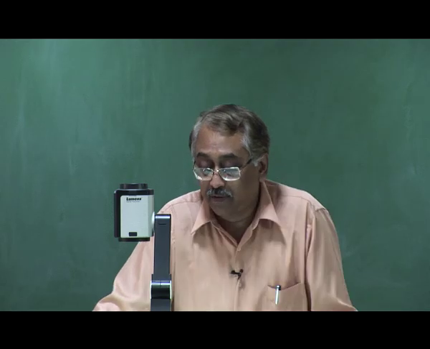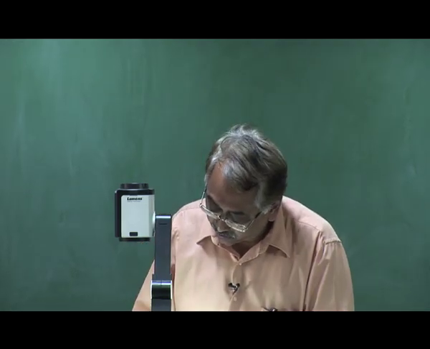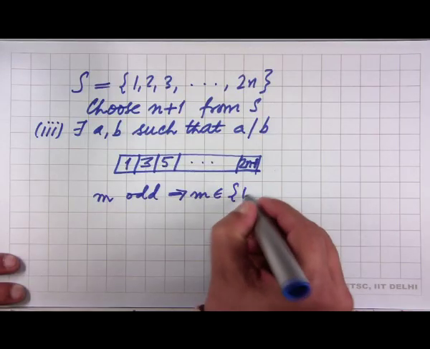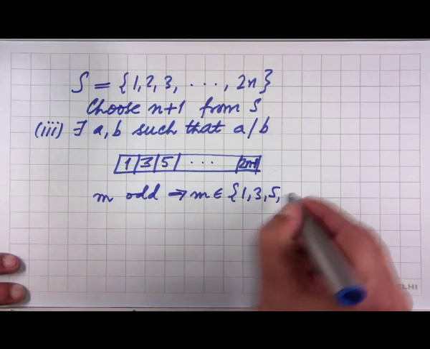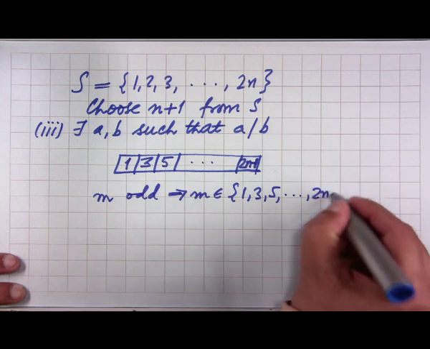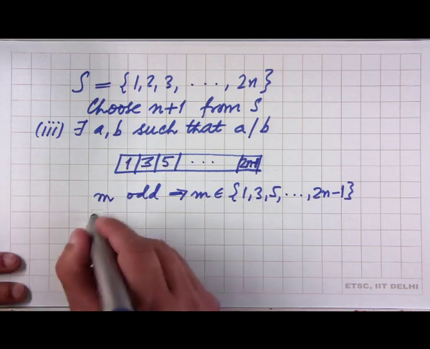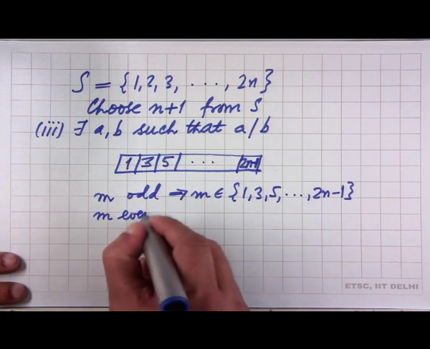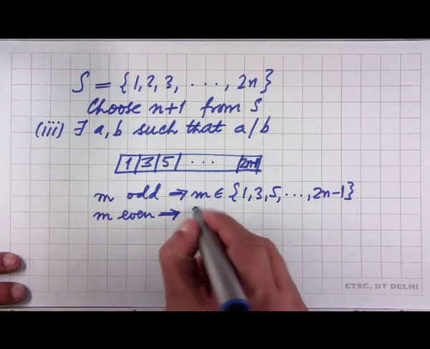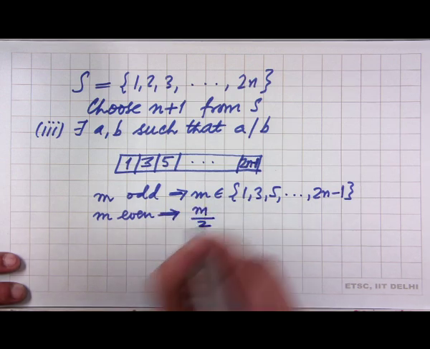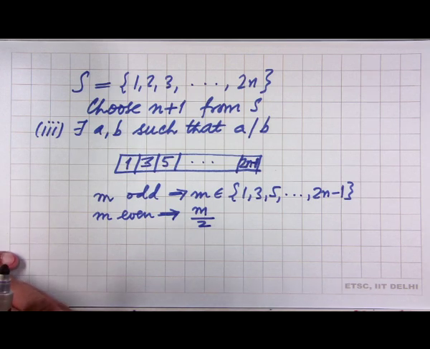If m is odd, it will be one of the numbers from the collection 1, 3, 5 till 2n minus 1. It goes into the box labeled m. If it is not odd, then it is even. And if it is even, then you can divide m by 2 and ask whether or not that is odd.